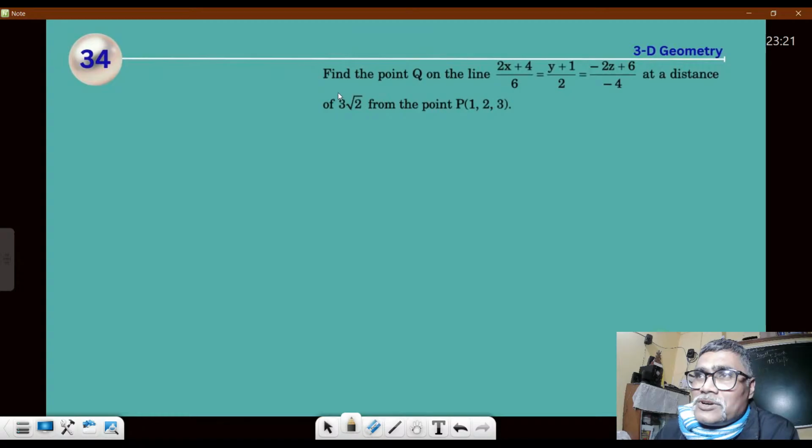Find a point Q on this line at a distance of 3 root 2 from the point 1, 2, 3. Here also you will be able to do it. I'll just frame the question so that you can understand. This is the line given. I'll directly write it in the standard form.